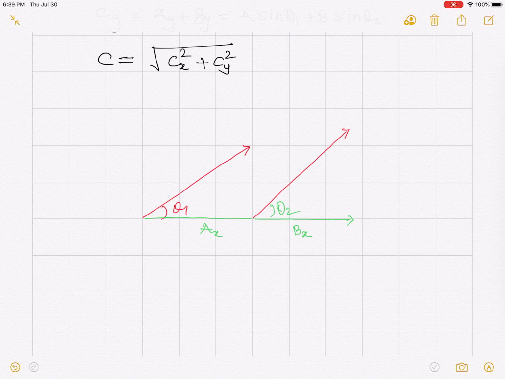The resultant vector is, this one is the y component. Here you need to use the parallelogram law.